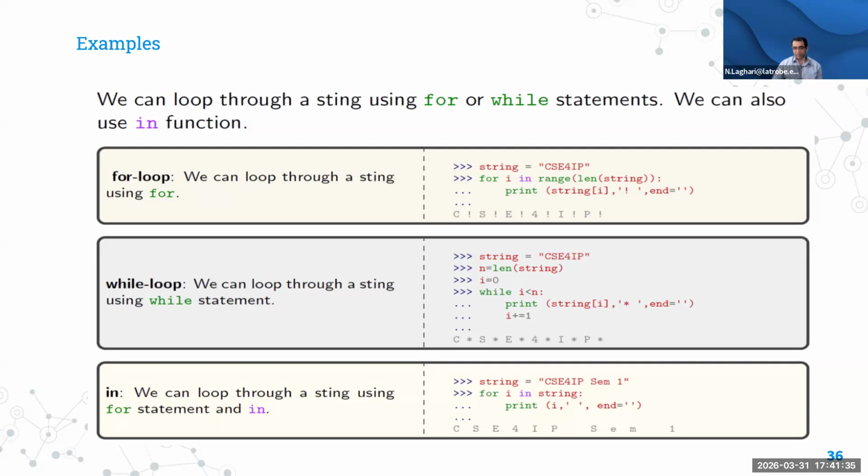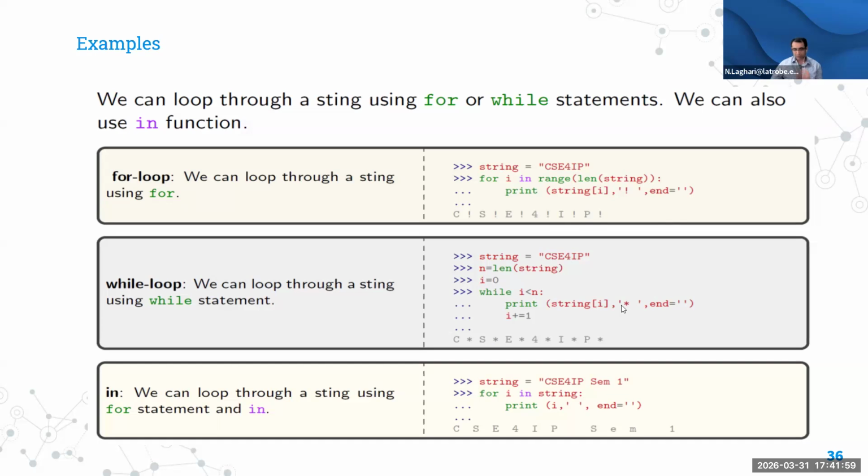That is not the behavior we want. So we say fetch I, which is a single character from the string, and along with that print this exclamation sign and a space, and then fetch the next character from the string, and so on.